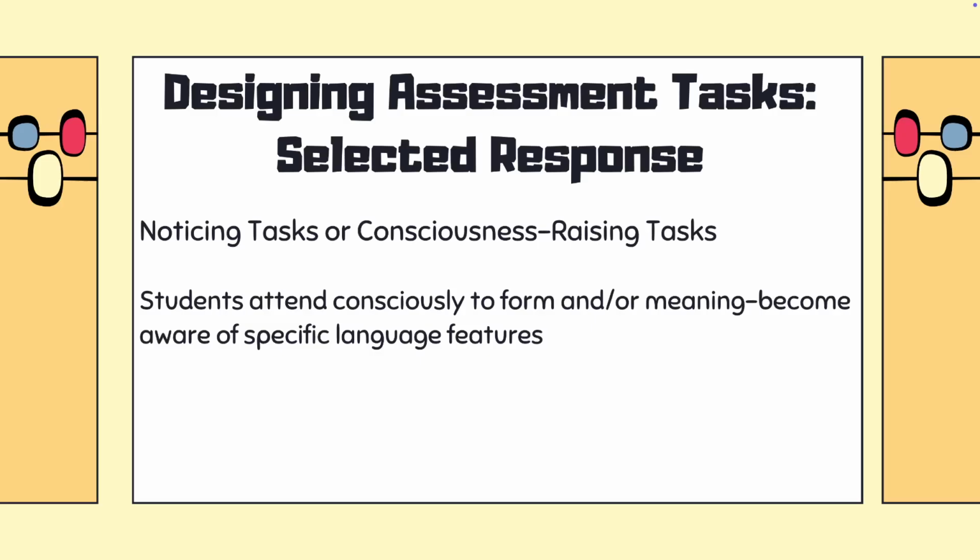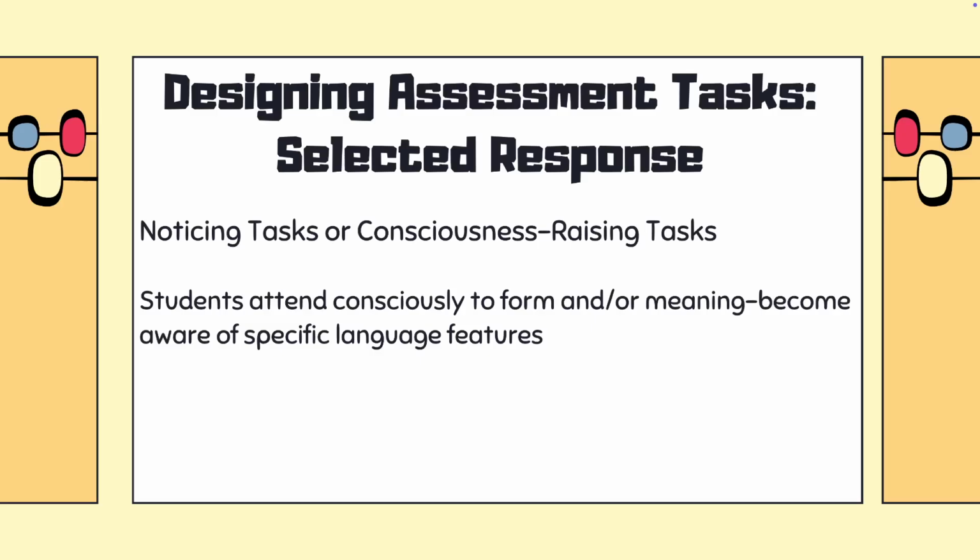Here, students attend consciously to form and or meaning, and the intention is to become aware of specific language features. So when we teach grammar, so not testing right now, teach, we have various methods that we can use, right? We can teach explicitly, or we can teach implicitly. And when we teach explicitly, we can also use the deductive approach or the inductive approach.